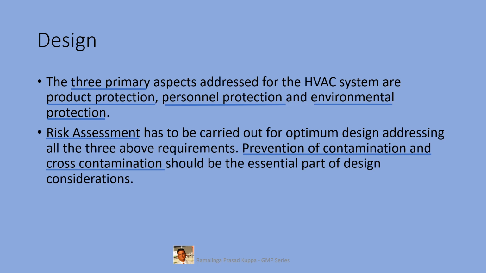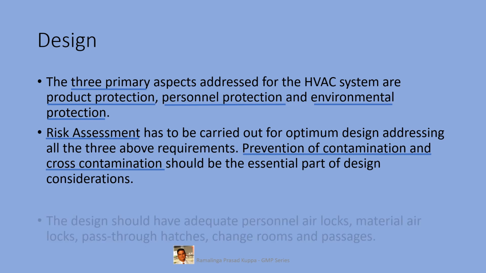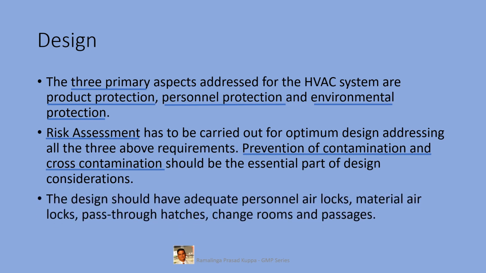FMEA or FMECA, HACCP, HAZOP and PHA tools will work effectively for the evaluation. The design should have adequate personal airlocks, material airlocks, pass-through hatches, change rooms and passages. So the risk assessment would provide basis for these airlocks, change rooms and passages.